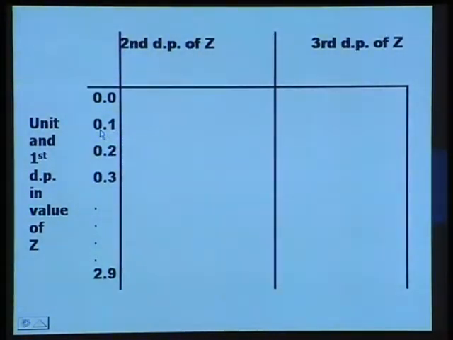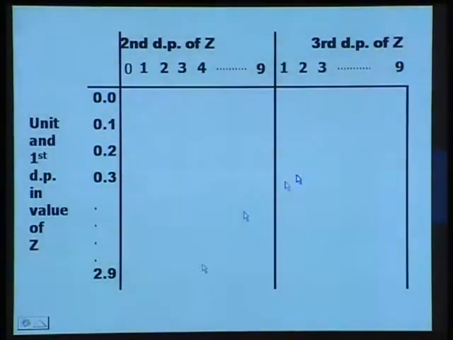0.1 means 0 unit in the value of Z, and the first decimal place is 1. Here, 2 means that it is the second decimal place in the value of Z. 3 is also the second decimal place in the value of Z. 1 is the third decimal place, 2 is the third decimal place, 9 is the third decimal place.